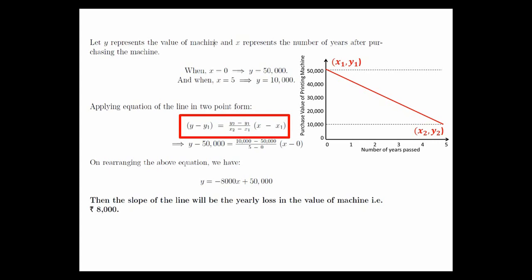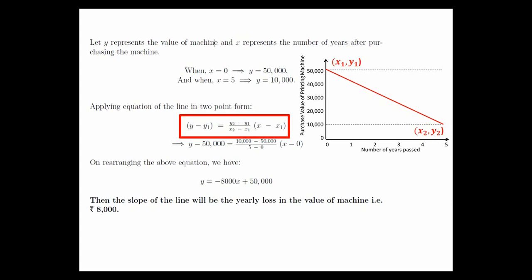Then if you apply algebra and substitute the values given in the problem, you can calculate that y minus 50,000, which is the y1 value, equals y2 minus y1, where y2 will obviously be 10,000 and y1 is 50,000.